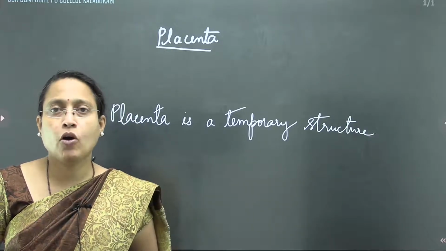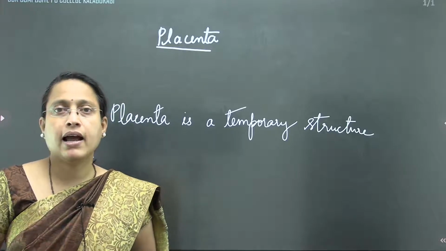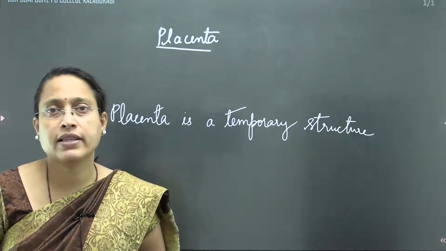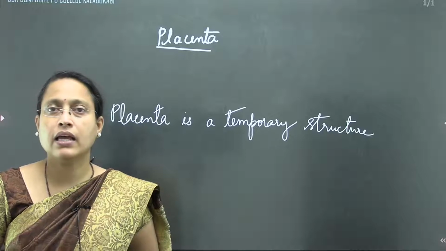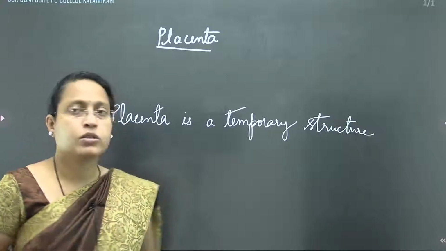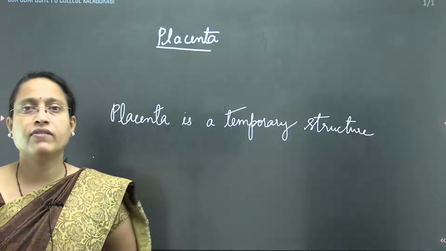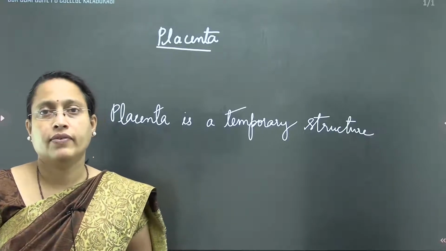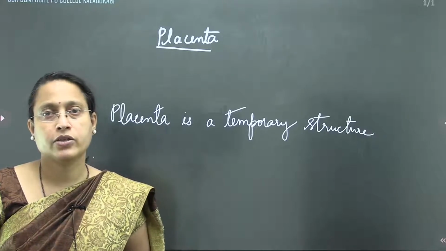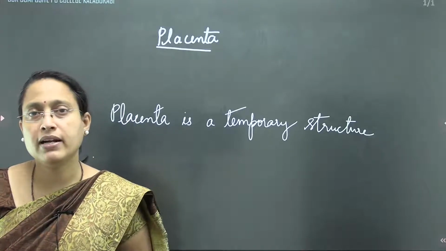It is especially formed during pregnancy, that is during the gestation period, and afterwards, after the delivery of the fully developed fetus or the baby, even the placenta is expelled outside. This is also called afterbirth. So after birth of the newborn, the placenta is released from the uterus. So it is a temporary structure, not a permanent structure.